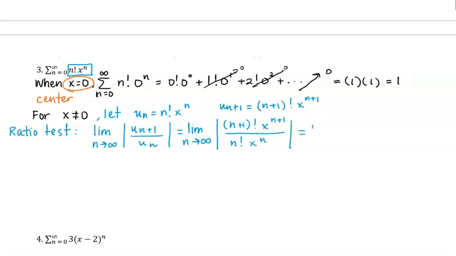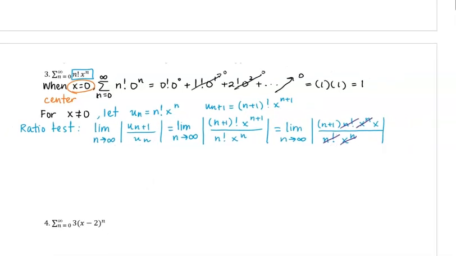I'm going to go further and simplify this. n plus 1 factorial is n plus 1 times n factorial. x to the n plus 1 is x to the n times x. And I'll leave the n factorial and the x to the n in the denominator so that I can see that the x to the n and the n factorial will cancel.